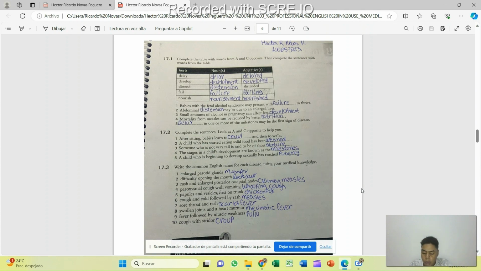Three, someone who is not very tall is said to be of short stature. Four, the stages in a child's development are known as the milestones. Five, a child who is beginning to develop sexually has reached puberty.